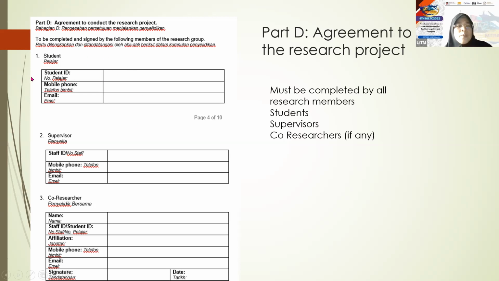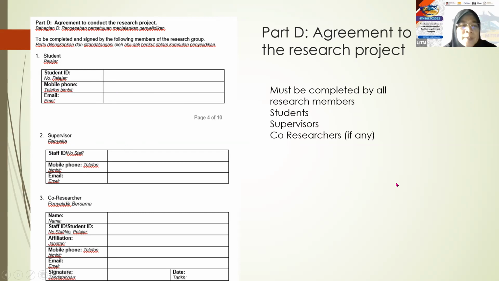So you need to fill out your student ID. I think the form here is not complete. You should put in the name, right? I think I missed that. So you should put in the name, student ID, telephone number, your email, and then your supervisor and co-researchers, who are the co-supervisors.